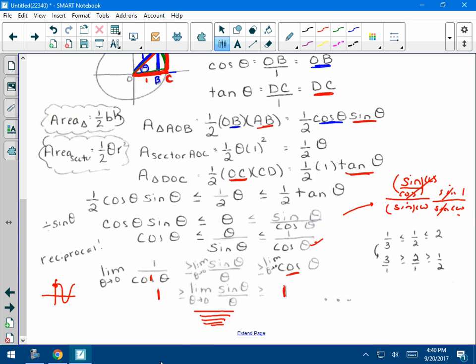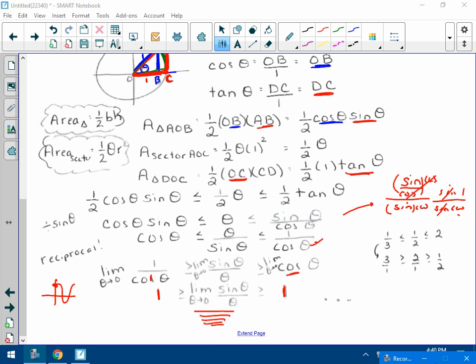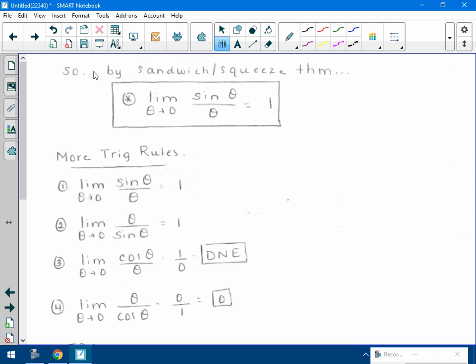And that's what I said on the last page here. So by the sandwich or squeeze theorem, the limit as theta goes to 0 of sine of theta over theta equals 1. And normally we won't use thetas, we'll be using x's, but same idea.